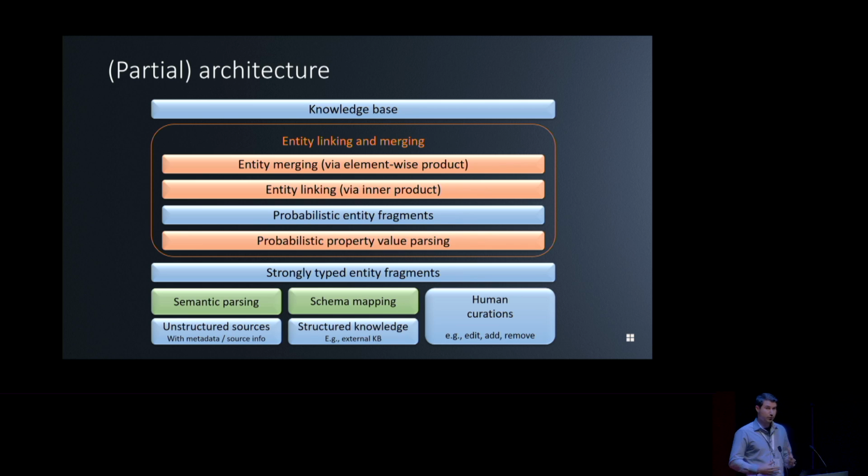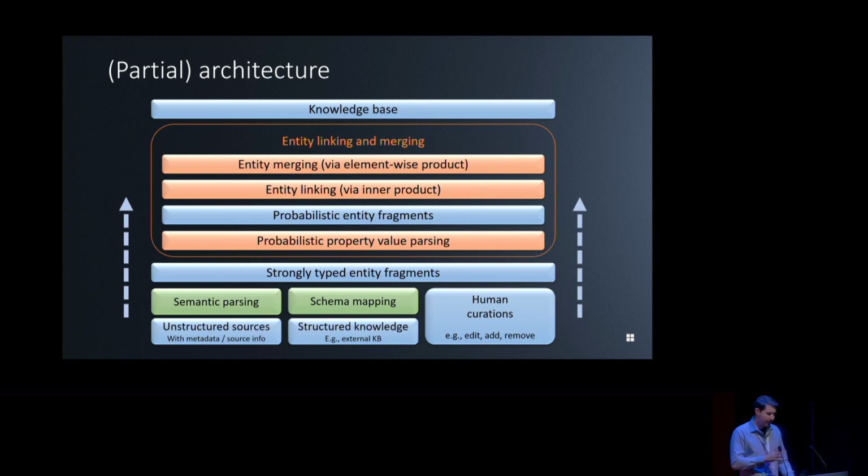And now I can use the various operations of the distributions to deal with these. So for instance, I can compute the inner product in order to know how to link them. And I can now actually merge them via the element-wise product. And then I can put them in the knowledge base. And I have to be able to do this continuously. The data will keep on coming, and I will keep on adding it to the knowledge base.